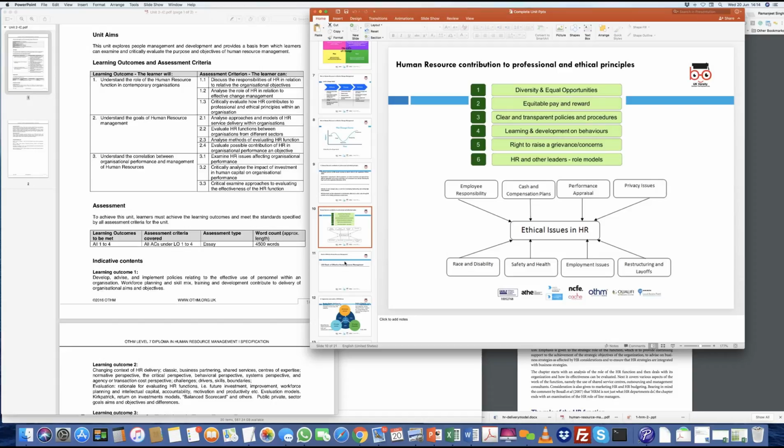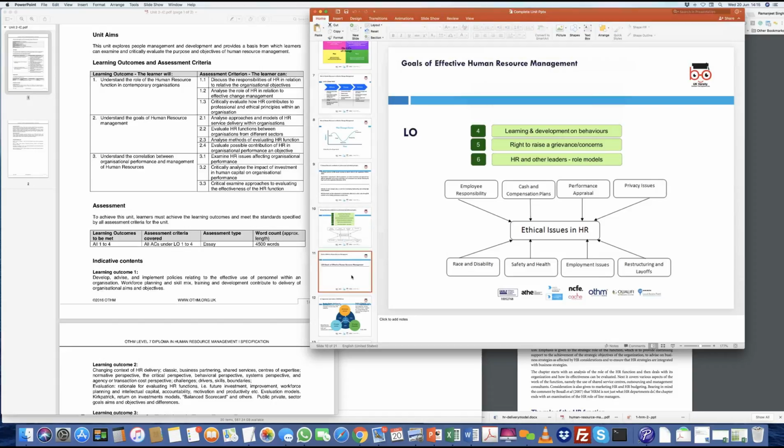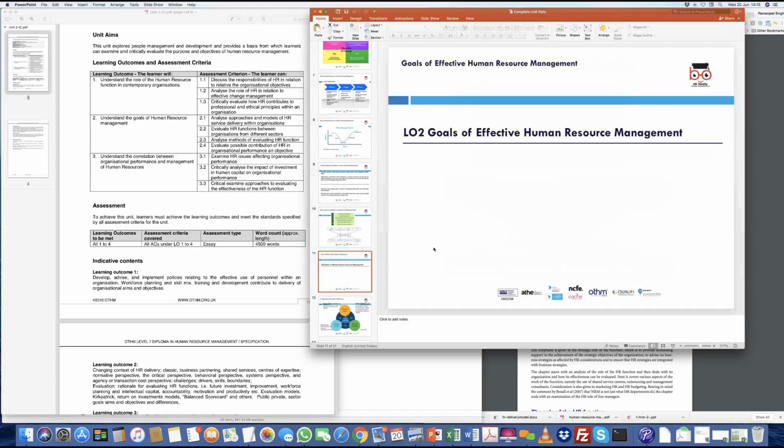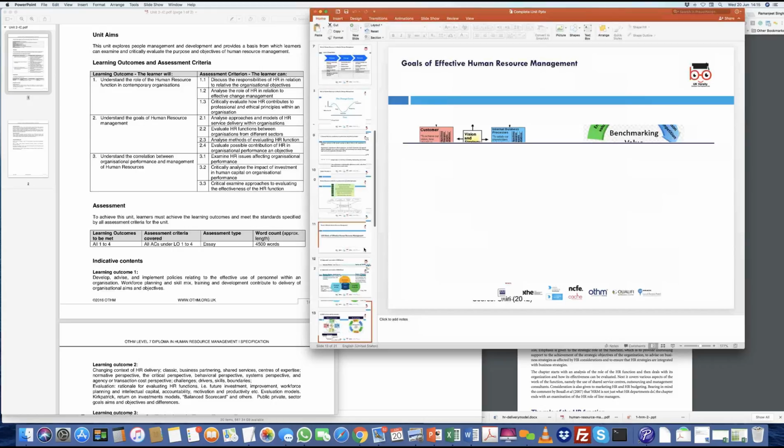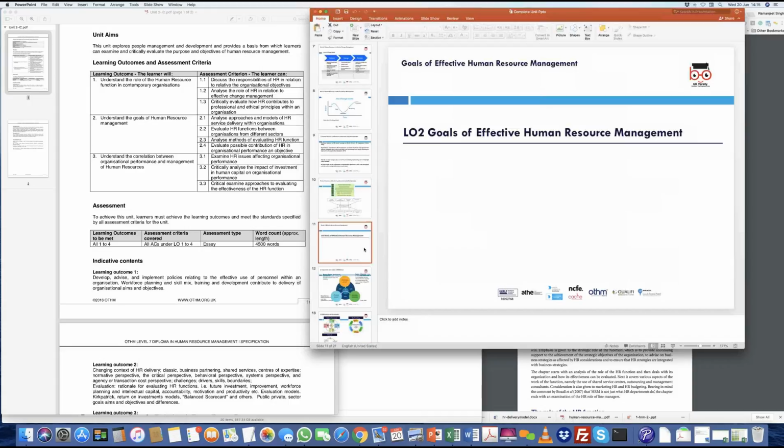Now, going forward into learning outcome 2, once we've understood the ongoing issues and what human resources managers deal with on a day-to-day basis, what we are going to look at now is, in a bit more detail, the core role which HR plays within the organization.